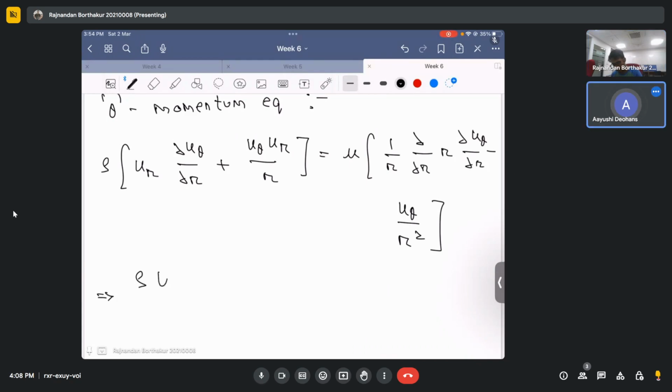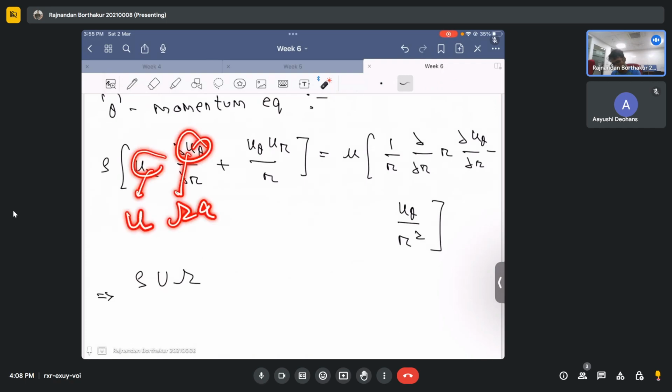U omega. Yes, so you'll get rho u omega, because this r would cancel out. From here we'll get a rho u, from here we'll get omega a, and then there would be an a here.